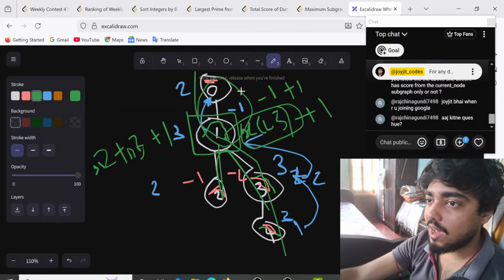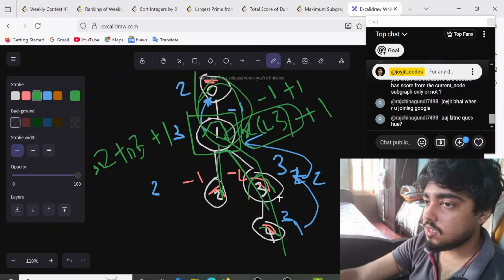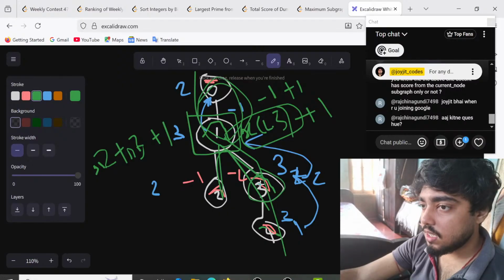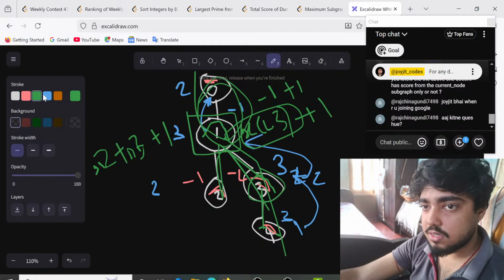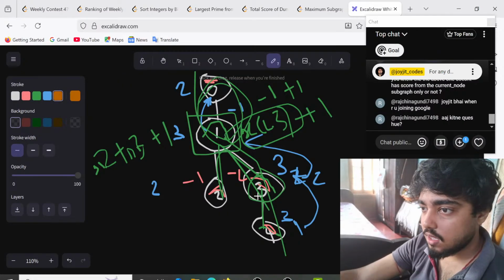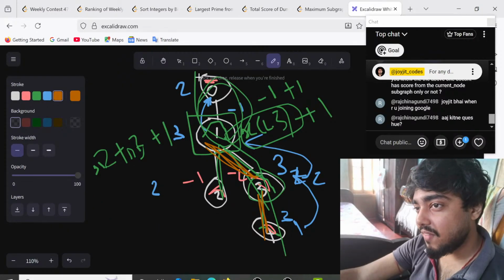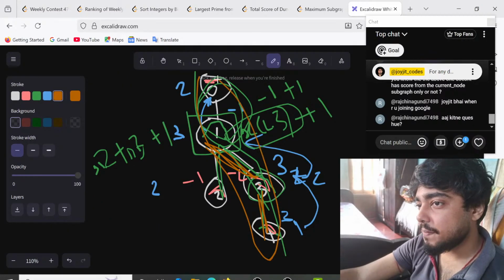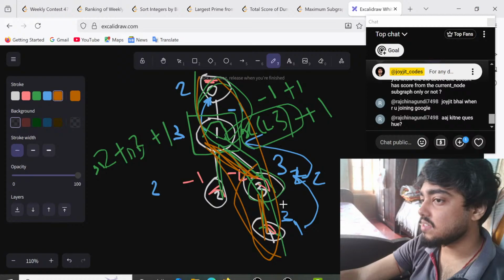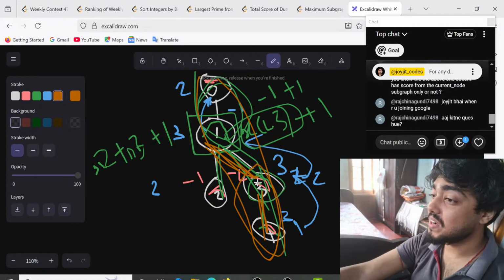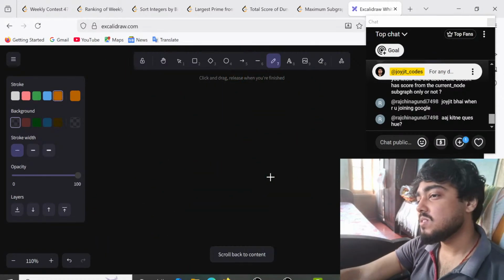Let's say I want the value of this. For this, what I can do is I can consider this and this. I'll use a different color. I can consider this and this, right? But I have already considered this, but this I was not able to consider. But how can I get it? The value of all of them minus the value of this. Correct? So you get it, right? So you can do this.